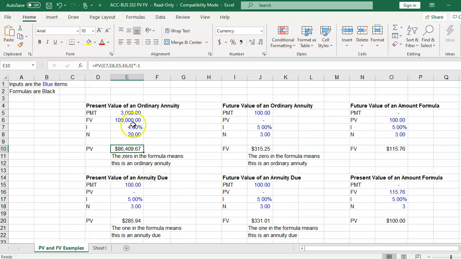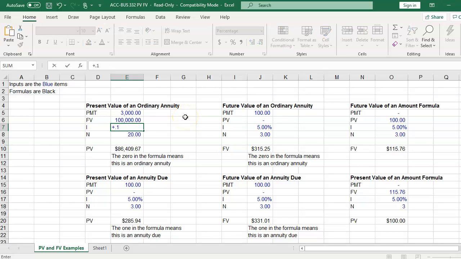So a lot of the same information: the payment's the same, the future value is the same, but this is different. It was 0.08 divided by 2, now it's going to be 0.1 divided by 2. And it's a 10-year bond, yes, but now we're 1 year into the bond. So now I take 9 times 2 instead of 10 times 2 because we're doing this calculation 1 year in the future.